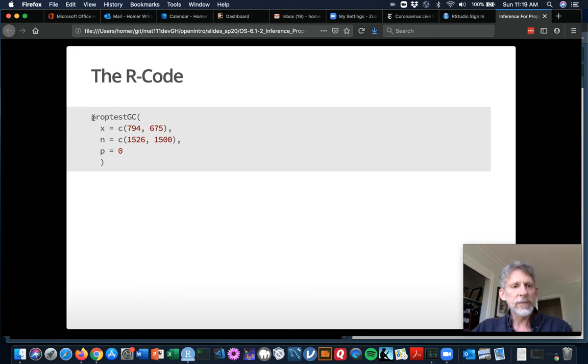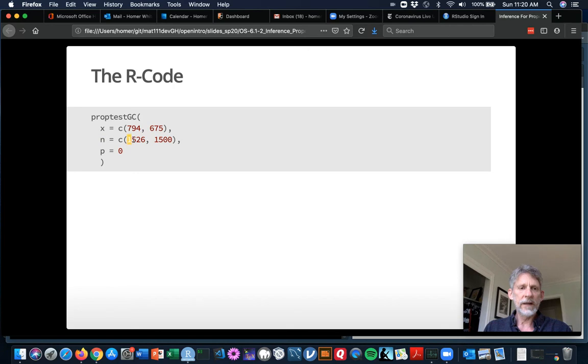And then you head to proptestGC, but you don't use the formula data interface, you use a summary data interface. The X parameter here has to be the concatenation of the two counts of yeses. The count in the first sample, 794, the count in the second sample, 675. The N parameter gives the two sample sizes.